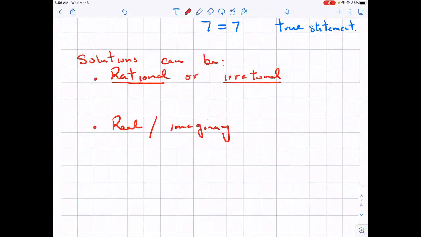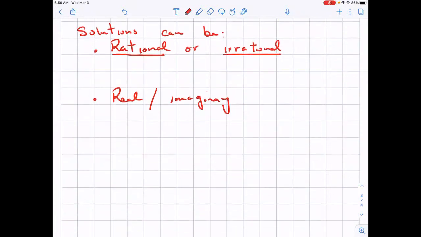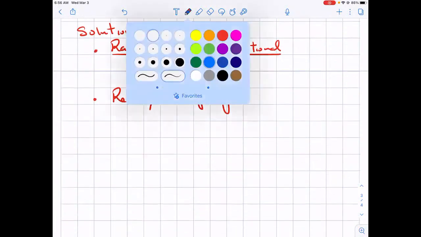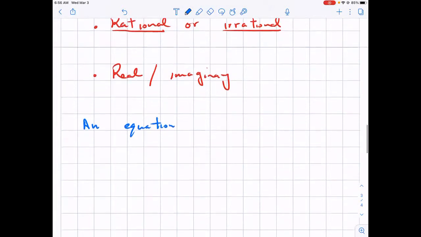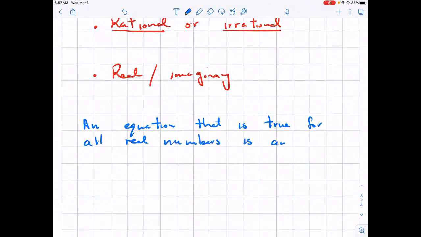Now, an equation that is true for all real numbers is called an identity.